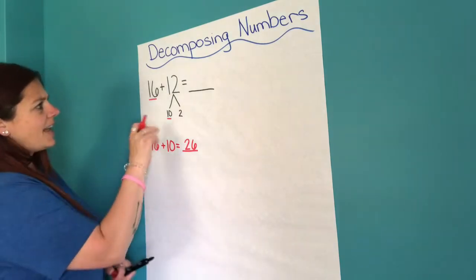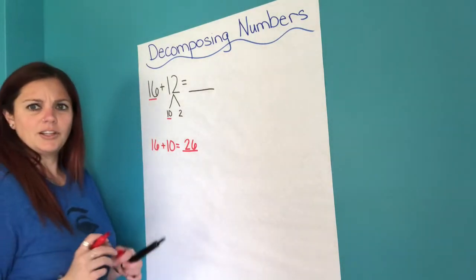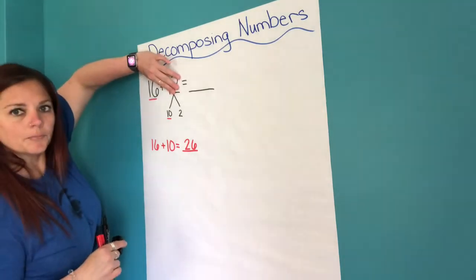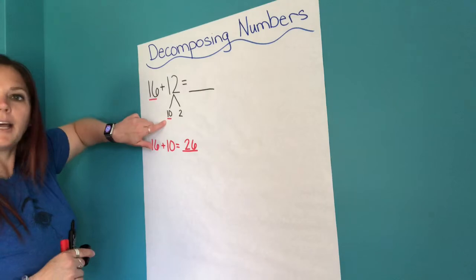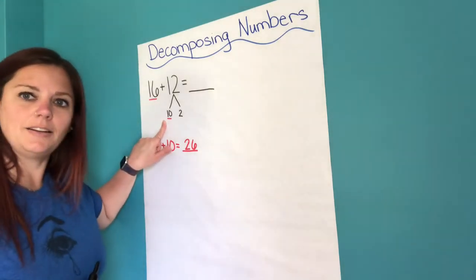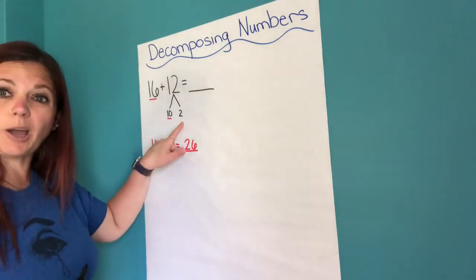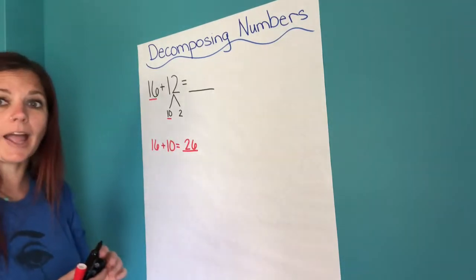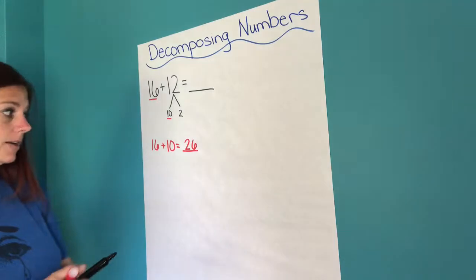But did I add all my numbers up here? No. Remember, we broke 12 down, right? We used 16 and 10, but what number do we still have to add? 2. So now we need to make another number sentence, starting with 26, because we're adding to 26, right?